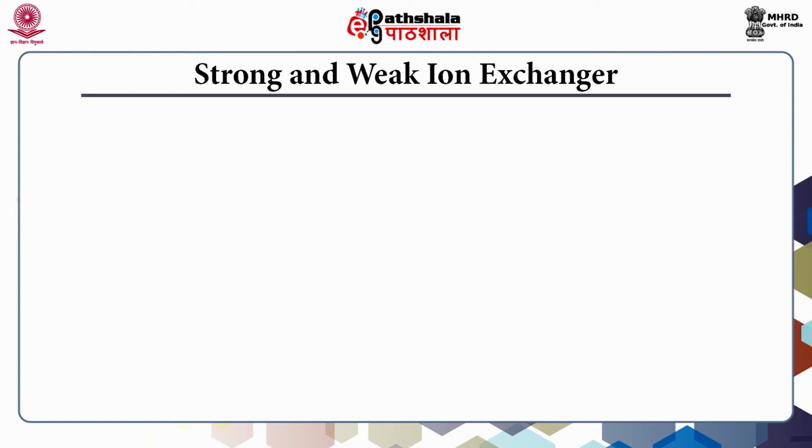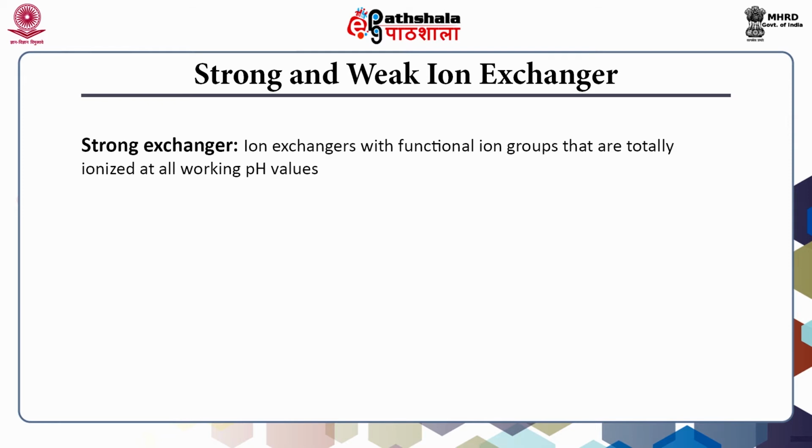The ion exchangers on the basis of strength of ionization are classified as strong exchangers and weak exchangers. The strong exchangers means ion exchangers with functional ionic groups that are totally ionized at all working pH values.